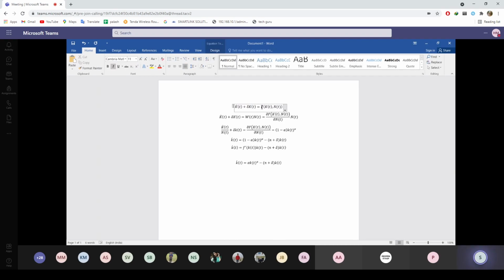Your investment equals your savings, and your savings is your total output production. Whatever is produced is saved. So in the per capita form, the fundamental equation, if you take a Cobb-Douglas kind of production function, is basically this.